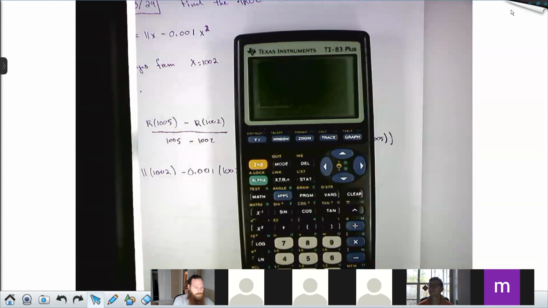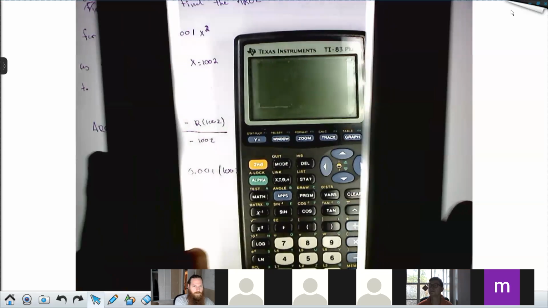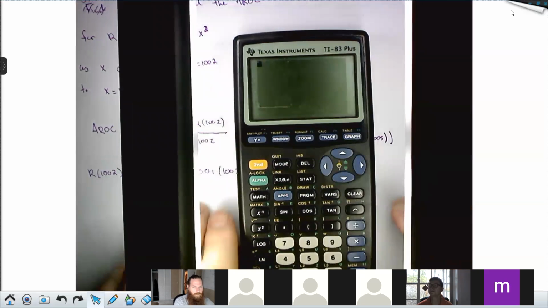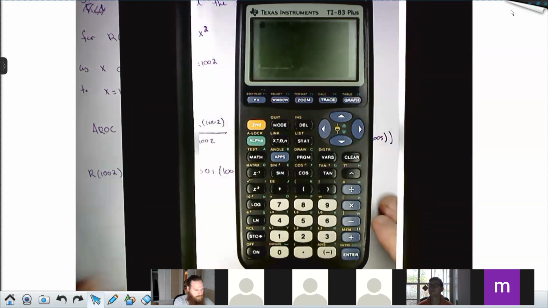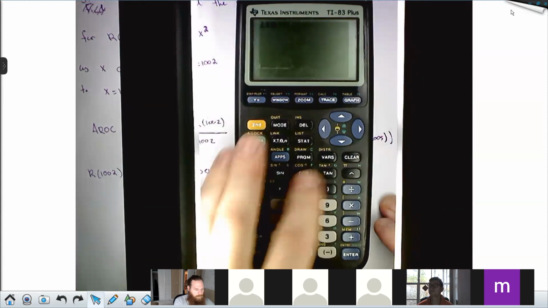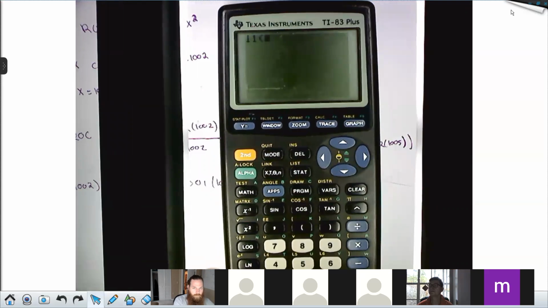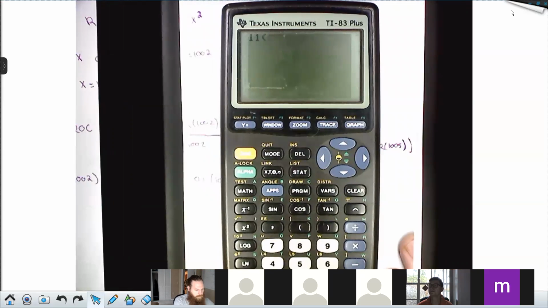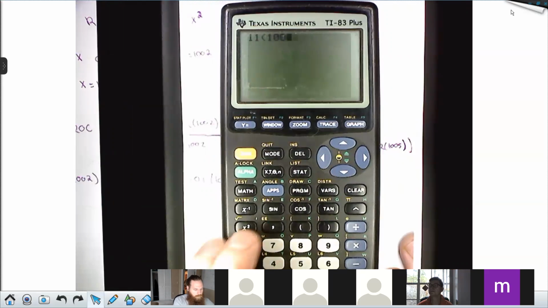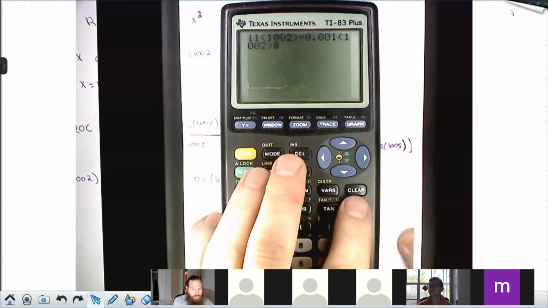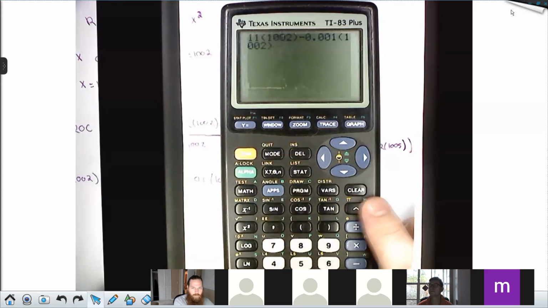So we're going to enter this as 11 times parentheses 1002 close parentheses minus 0.001 parentheses 1002 close parentheses, and then this little button right here is how you get into the exponent.